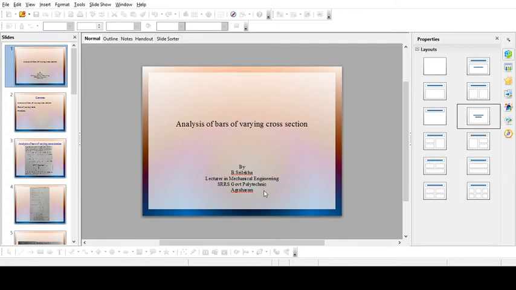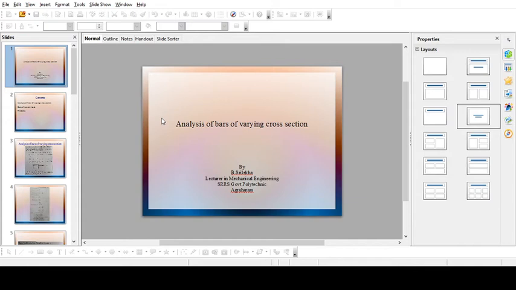So for this, what we have done is, initially we considered this bar and we found the change in length. Thereafter, it is given that the extension is increasing by 20%.